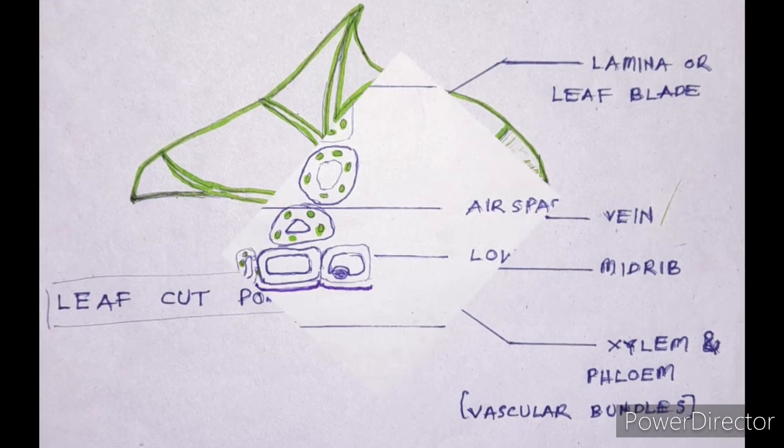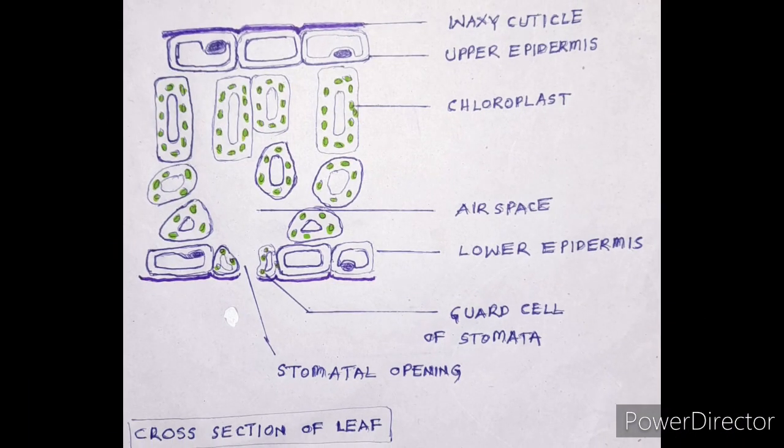When we see it under the microscope, one part of the cut portion of the leaf shows upper and lower epidermis, waxy cuticle, and elongated cells towards the upper epidermis.